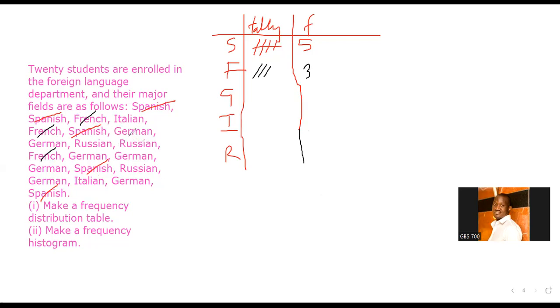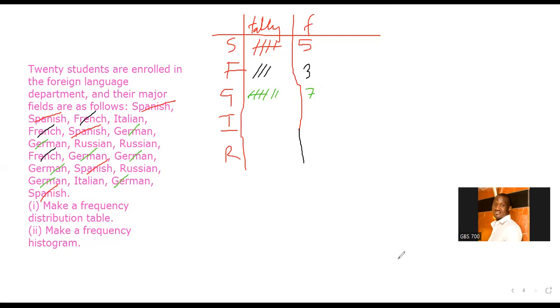So we go here. 1, 2, 3, 4, 5, 6, 7. So tallying, we do 1, 2, 3, 4, 5, 6, 7. Immediately the 5 we cross out. So 7 looks like that. All right. Are we following?